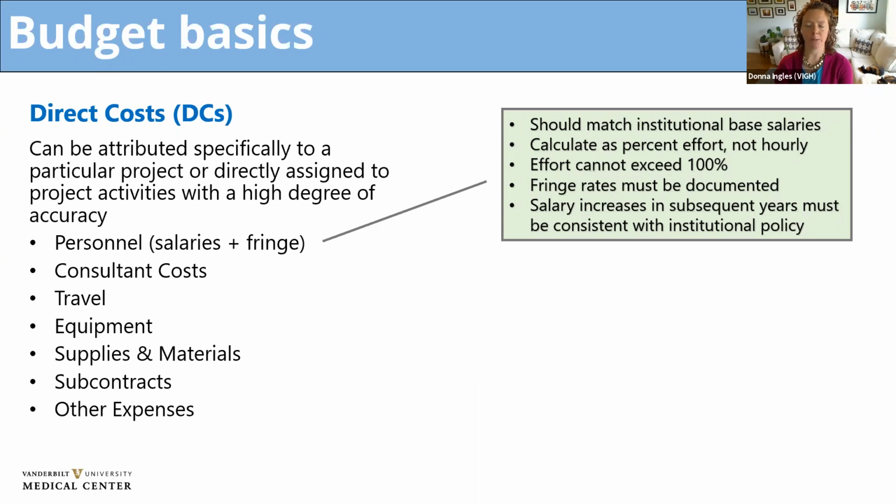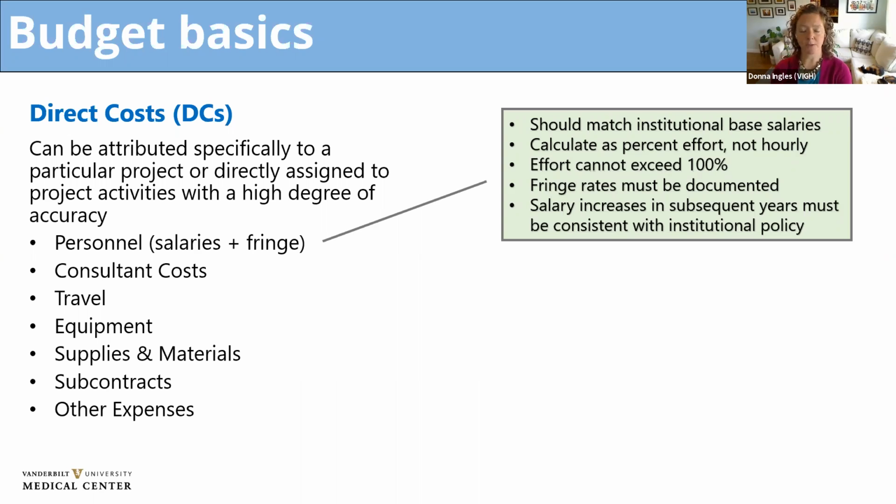Effort for any people, as we mentioned in other support, across all your projects cannot exceed 100%. It also cannot exceed 100% in a calendar year. So on a grant budget that is separated by years, the effort in a single year cannot exceed 100%.